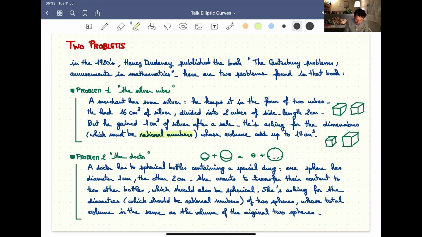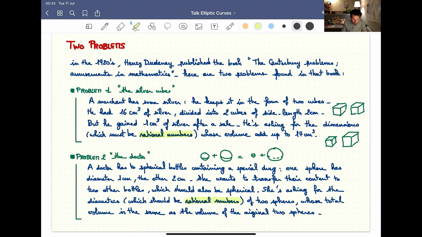And again, the diameters of those spheres should be rational numbers. Those are two of the problems that you can find in this book, and as you can see, they are more difficult than the rest of the problems in the book.